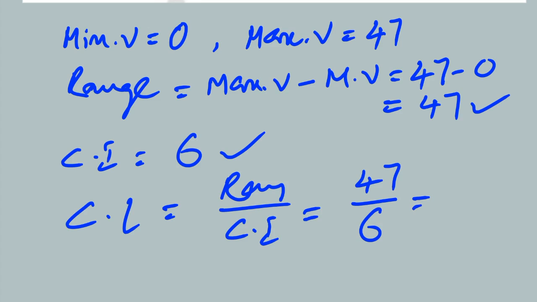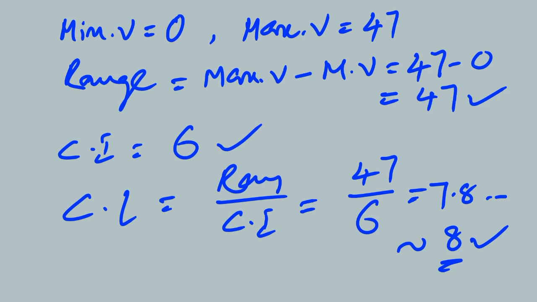If we divide these two, we get nearly 7.8, right? So 7.8 we can approximate to 8. We have to take it as 8. That means the class length must be 8 approximately.